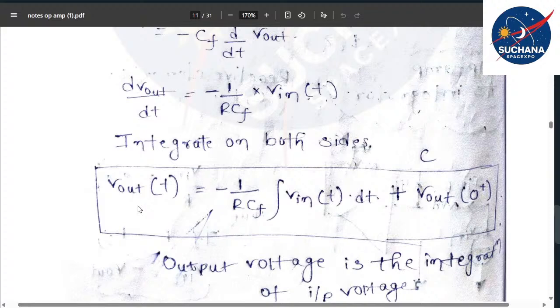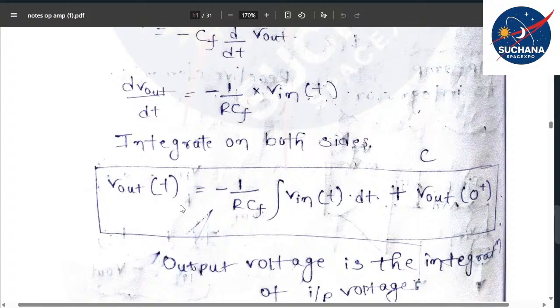From this equation we can observe one thing: the output voltage, which itself is a function of t, is varying with respect to the integration of the input voltage. So in simple words, output voltage depends upon the integration of the input voltage, isn't it?